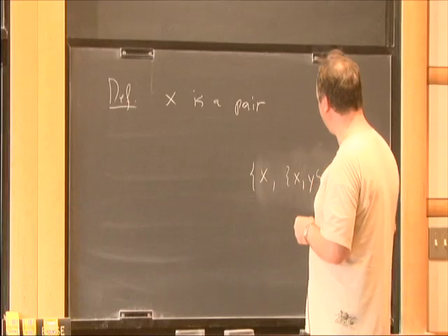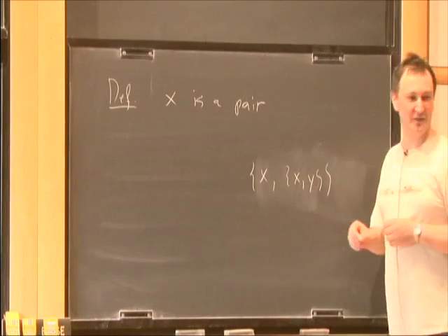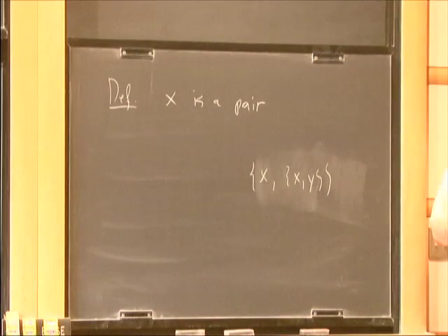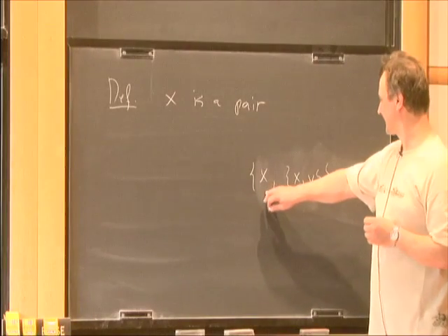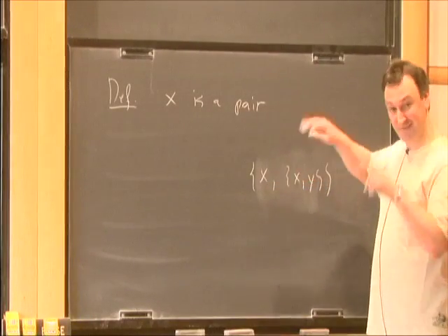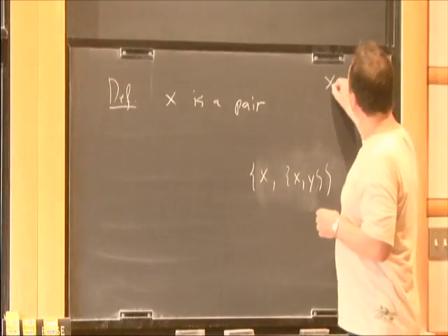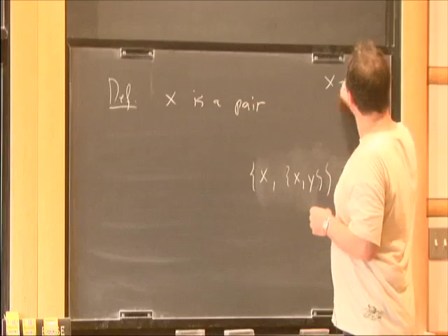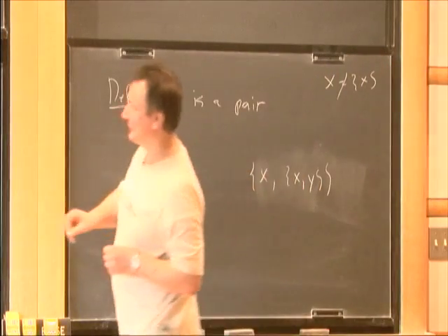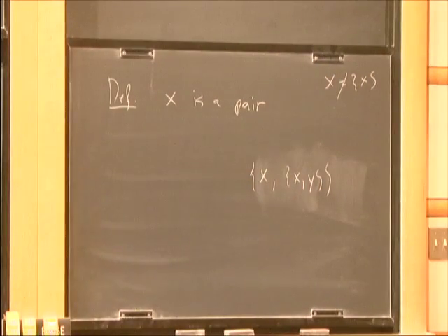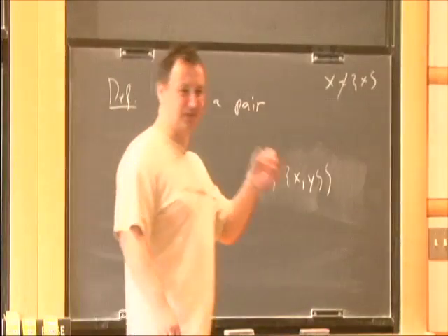But this x and y is going to degenerate into x if x equals y. So in the case when x equals y, this will be x comma x, and x cannot be equal to x because of this. A set cannot be an element of itself.